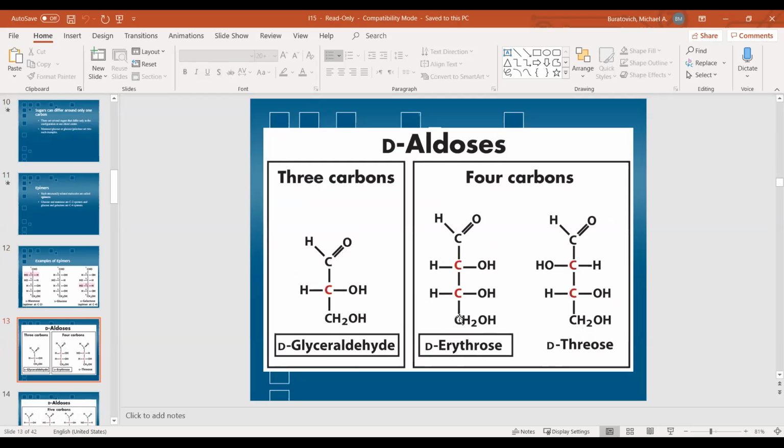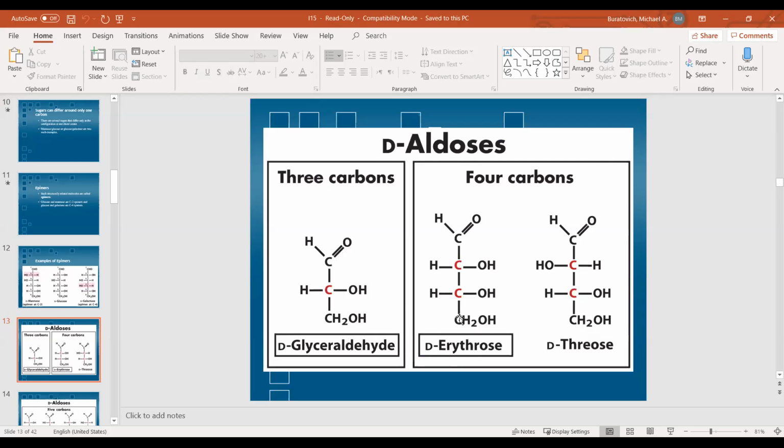Okay. Now, a question I always get, and it's a fair question, is how many of these do I have to know structurally? And here's my rule. If there's a box around it, you have to know the structure. Because those are the most common.